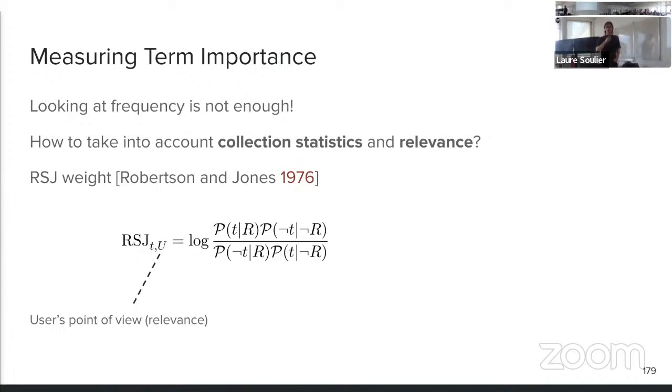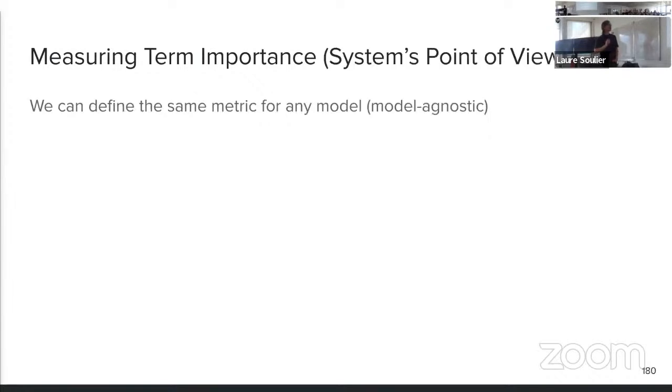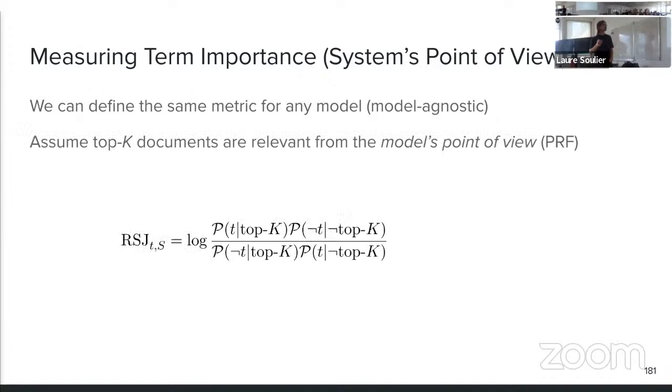Notation-wise, we consider this to be the user's point of view because it comes from relevance. Now we can define a similar measure from the model's point of view, by assuming that the top K documents retrieved by the system are relevant from the model's point of view.